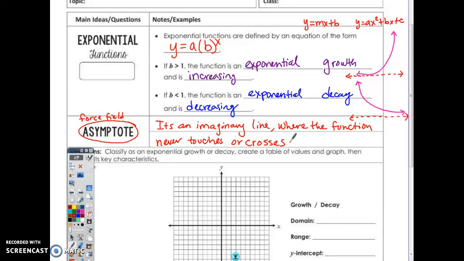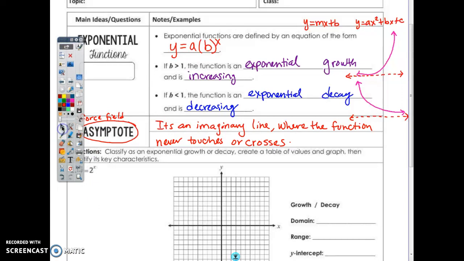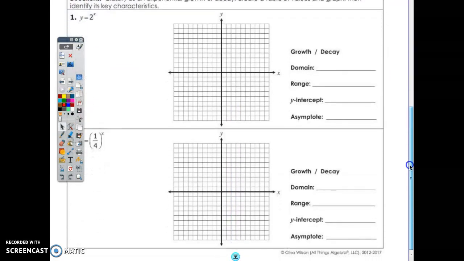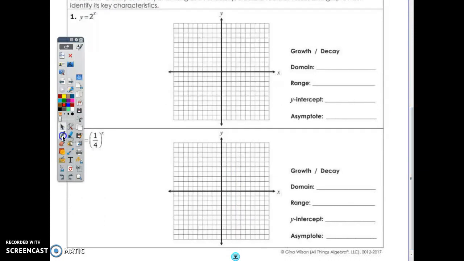So, if you're not done writing this down, I need you to pause. I'm going to do 3 examples with you, and then you're going to do 3 examples by yourself. So we're going to go ahead and do problem number 1 together. I need everybody to put this function in Desmos because we need to graph it.